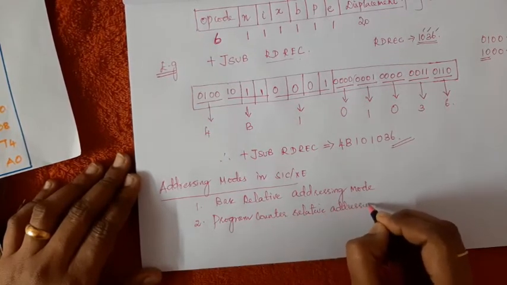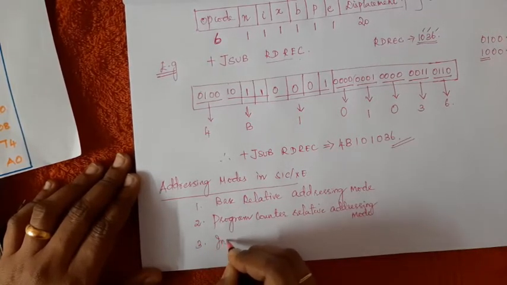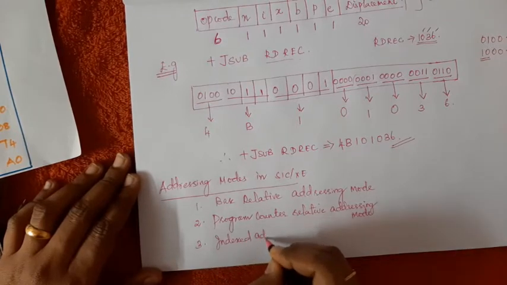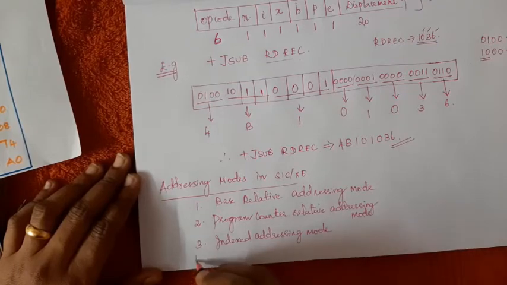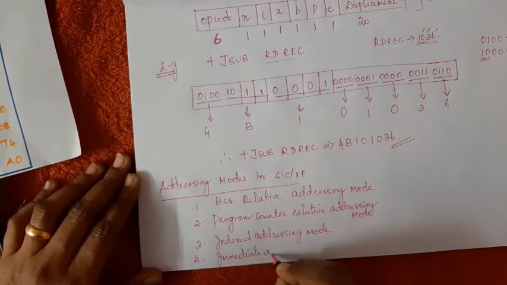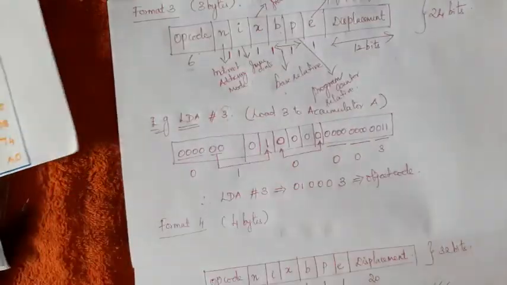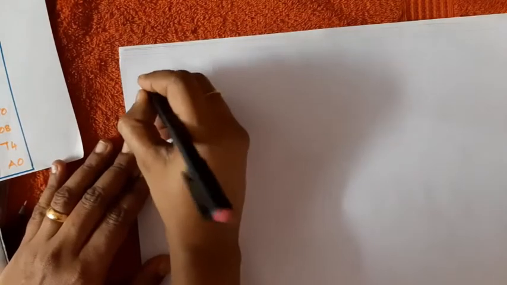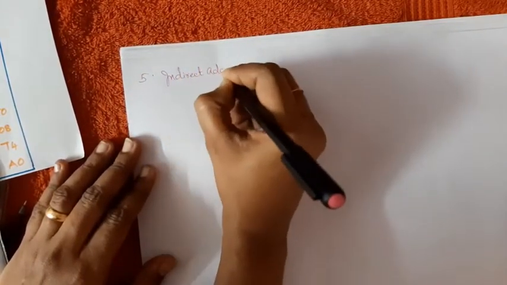And the third one, indexed addressing mode. And the fourth one, immediate addressing mode. And the fifth one, indirect addressing mode.